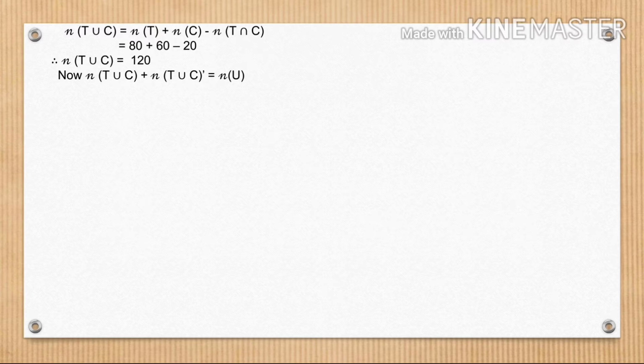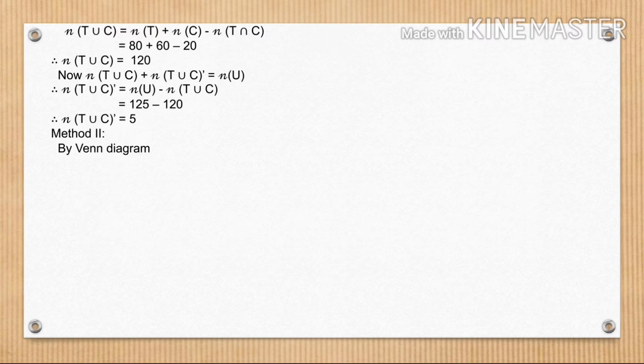Complement means the set whose elements are present in the universal set but not in T union C. So from here we will get the students who do not drink any of the drinks. So the number of elements in T union C complement is equal to the number of elements in U minus the number of elements in T union C. That is equal to 125 minus 120. Therefore, the students who do not drink tea or coffee are 5.